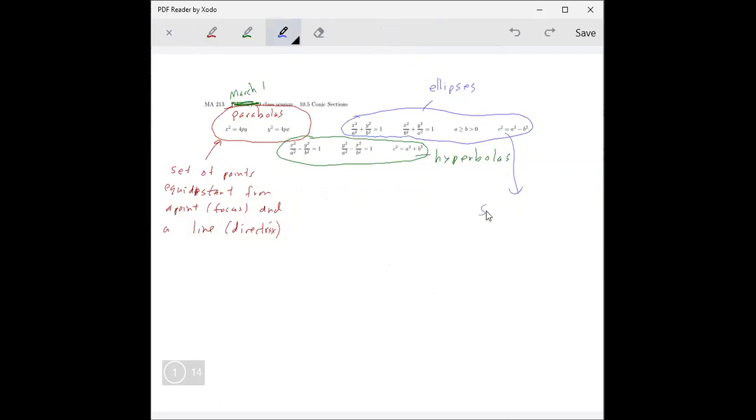Okay, so an ellipse is a set of points whose sum of the distances to the foci, that's plural for focus, is constant. Okay, so maybe the constant is 5, maybe it's 7 or whatever, okay?